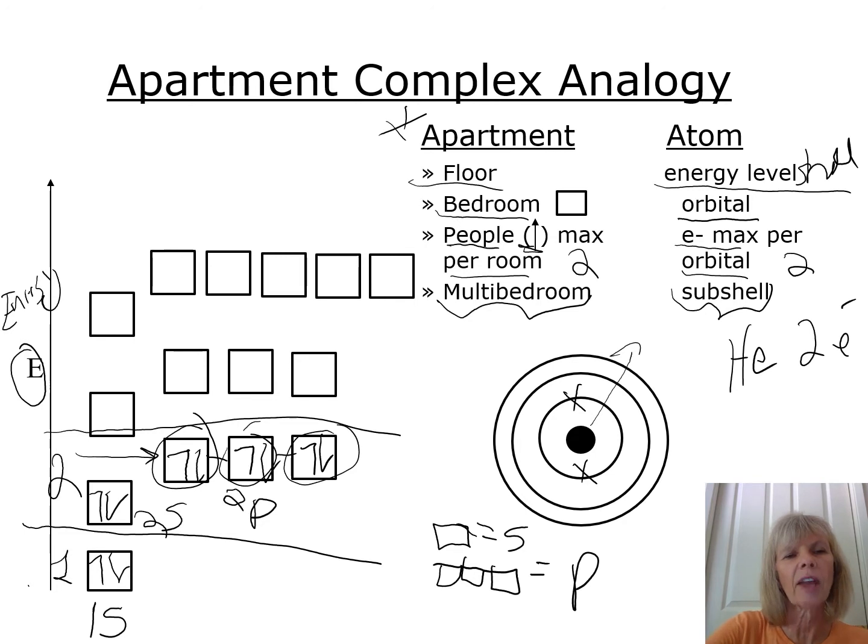So then we come up to energy level 3, or floor number 3 in our apartment. So we would call that address 3. It's a 1-bedroom apartment available here, so that would be 3s. Now we come up to another 3-bedroom apartment that's on floor number 3, or energy level 3. That would be 3p. So we could go ahead and add electrons in there, fill that up.